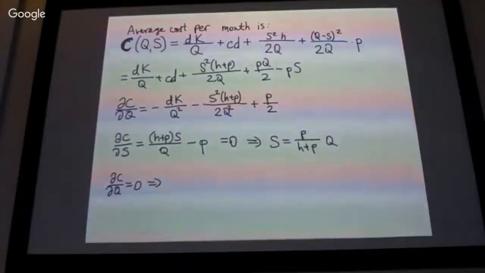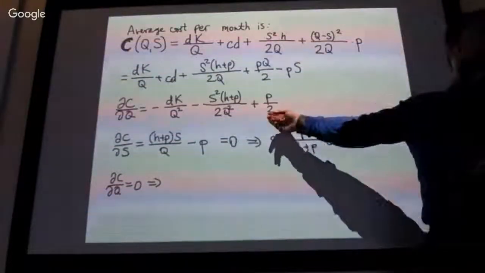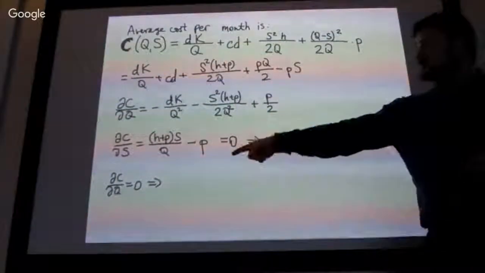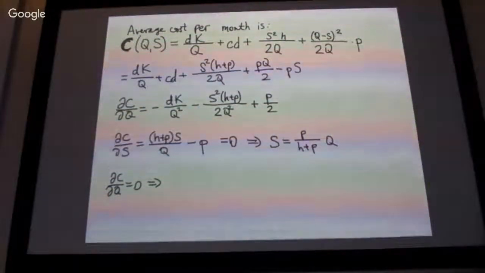But if q is not 0, we get that. I would multiply this whole thing by 2q squared to get rid of the fractions, which I can do with the equation.